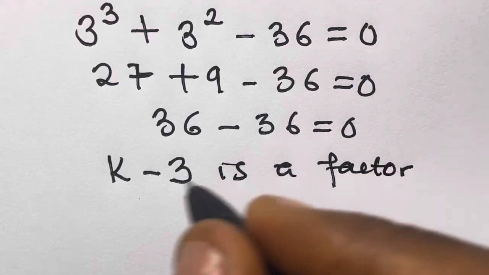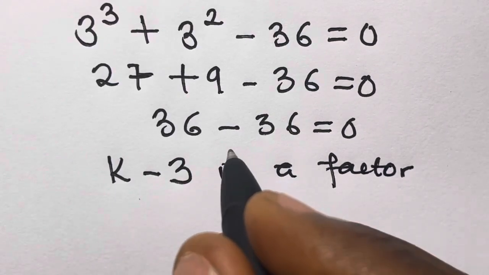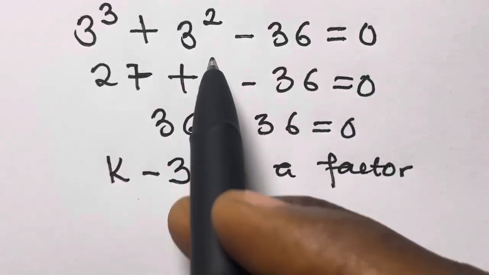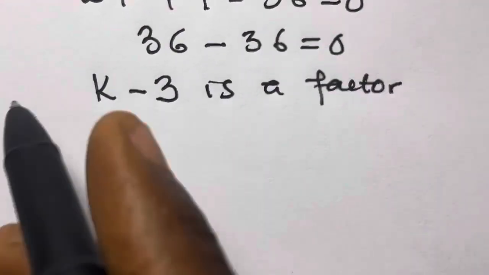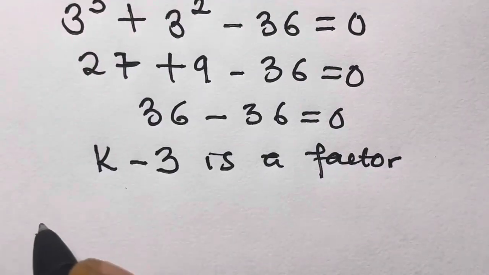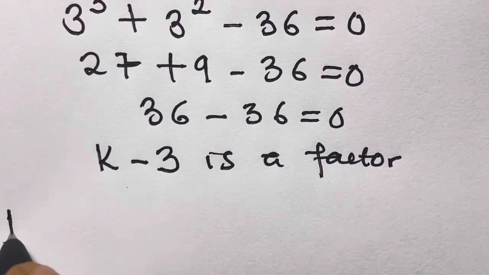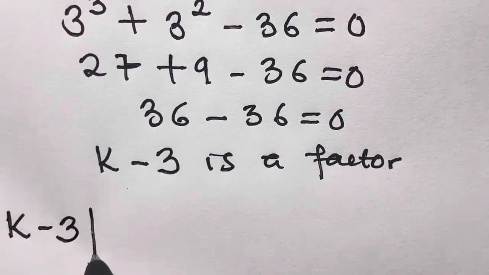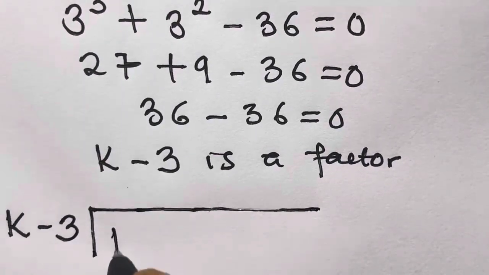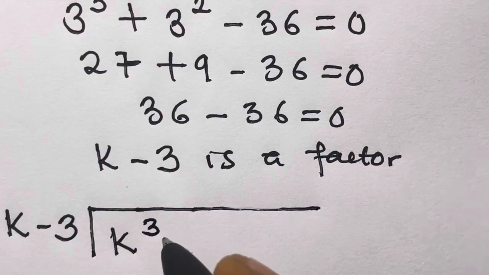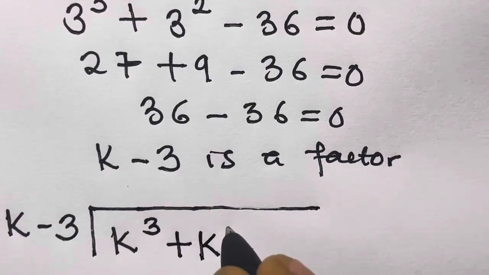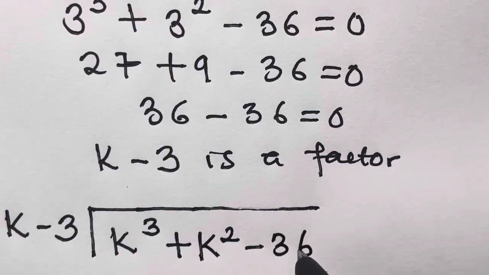Now let's use long division to obtain the other factor of this equation. We have k minus 3 here, and the equation k raised to power 3 plus k raised to power 2 minus 36.